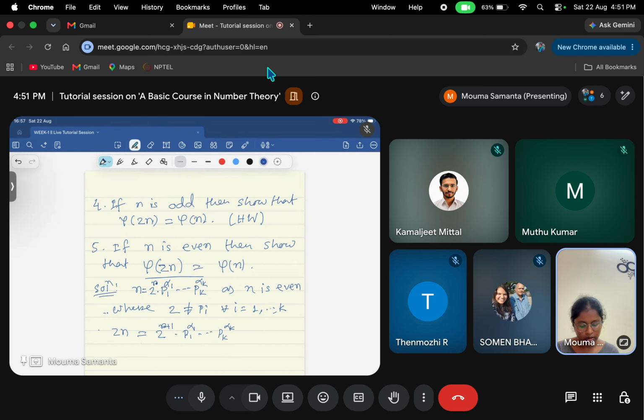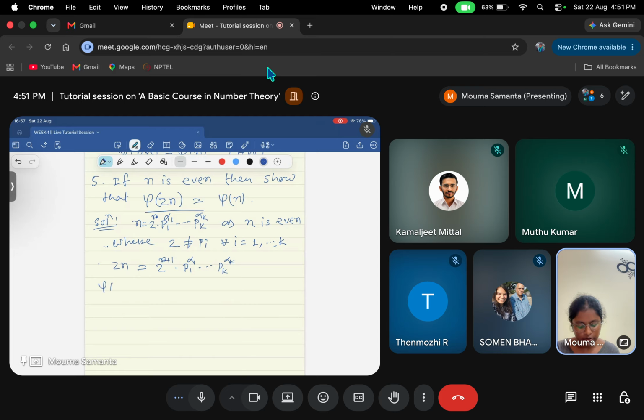Therefore 2n will have this prime decomposition, and from here we can say phi of 2n equals 2n times 1 minus half, 1 minus 1 by p1, up to 1 minus 1 by pk.